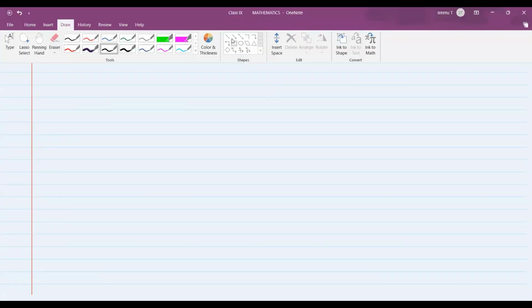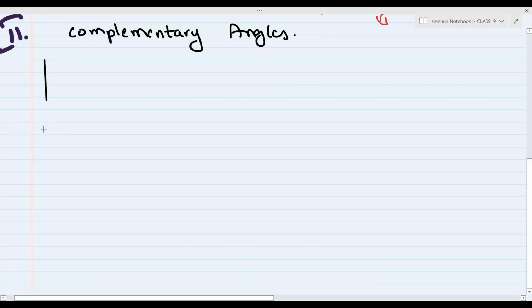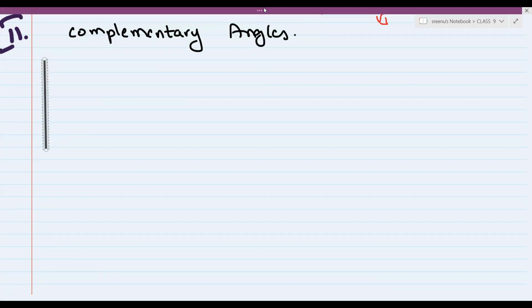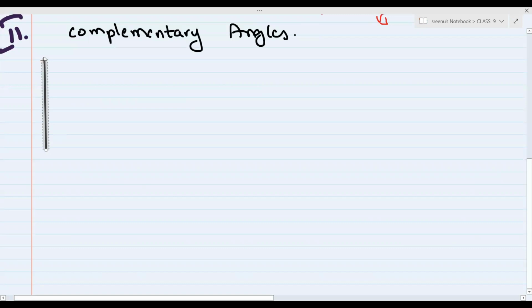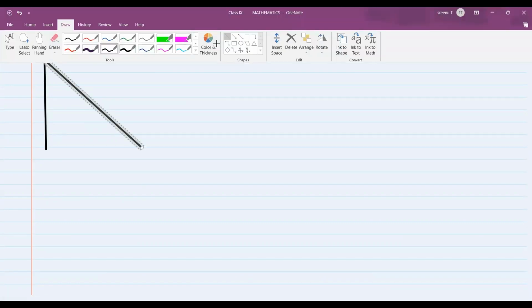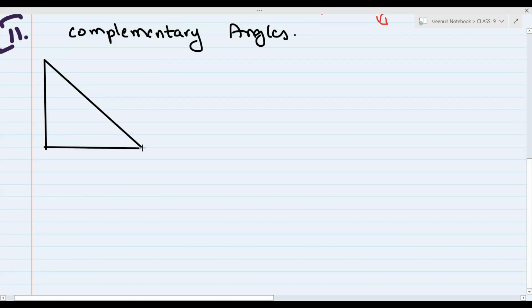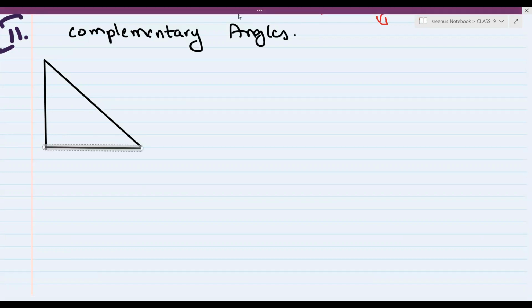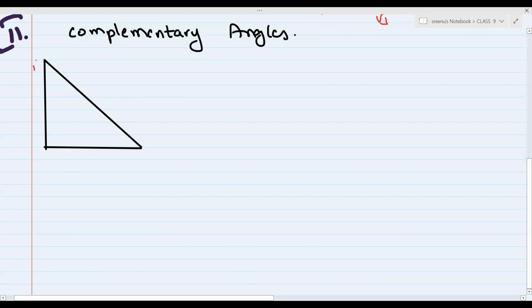So we'll take a right angle triangle A, B, C. As usual, this is the hypotenuse. Theta I will take. This is opposite. This is adjacent.